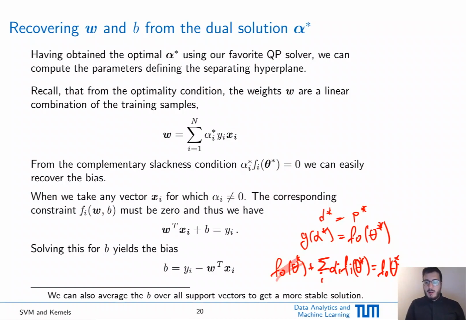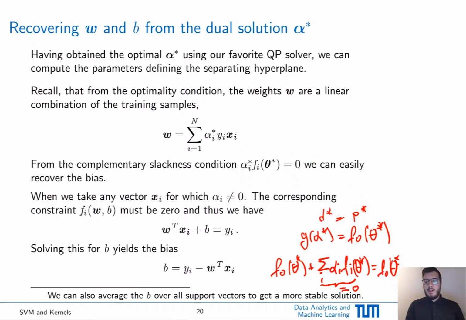Because this term appears on both sides, the only way this is true is if this entire sum equals 0. In other words, every one of these terms, alpha i fi of theta star, has to equal 0 in order for the entire sum to be 0 and strong duality to hold. This fact is called the complementary slackness condition, which we've written down here.